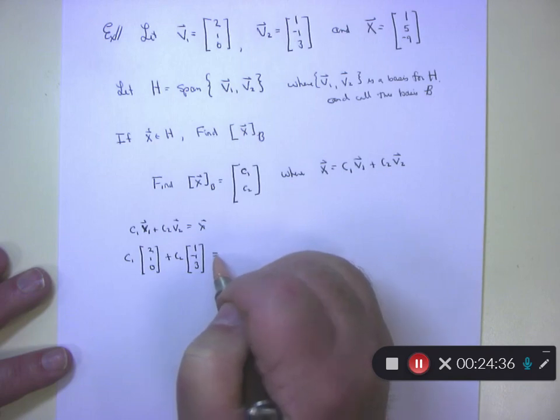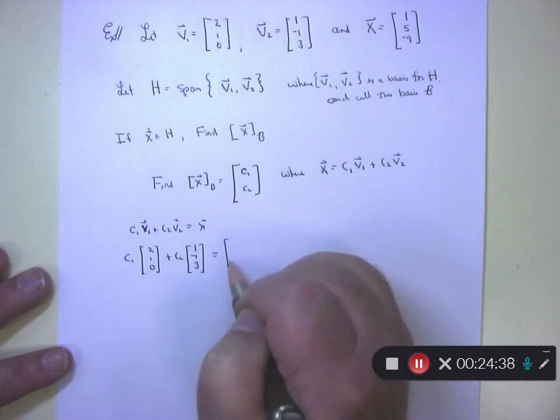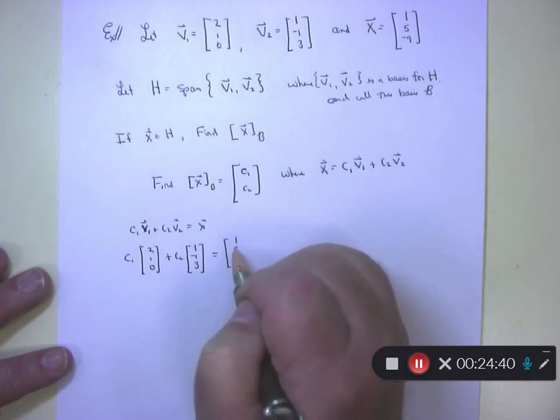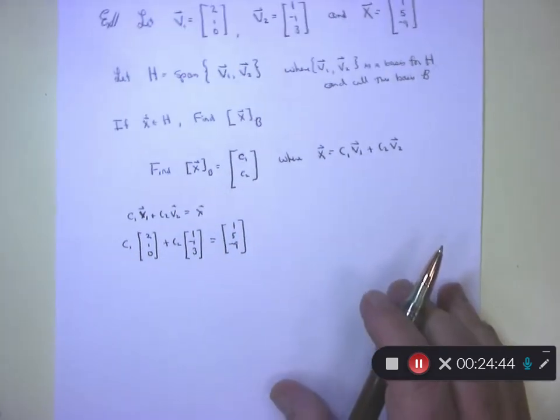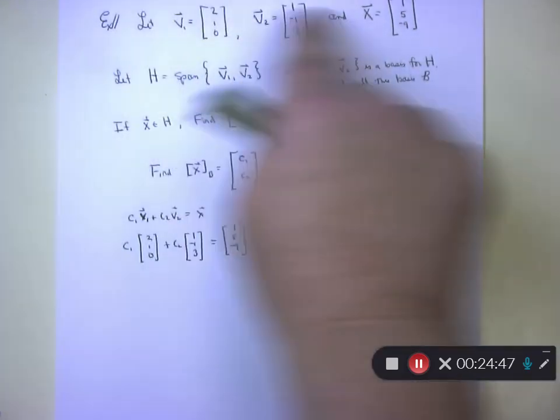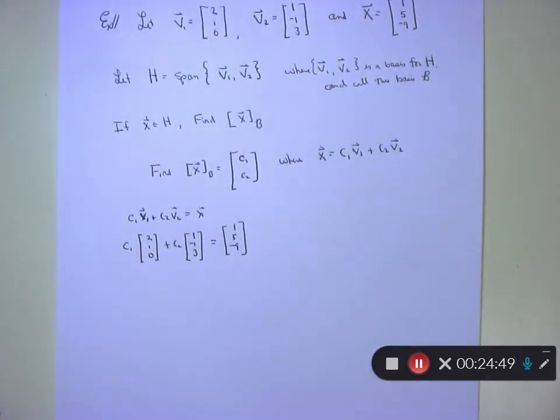It's got to be equal to the X vector, and the X vector was this (1, 5, -9). Does that make sense, using my terms up here? Okay? What now?